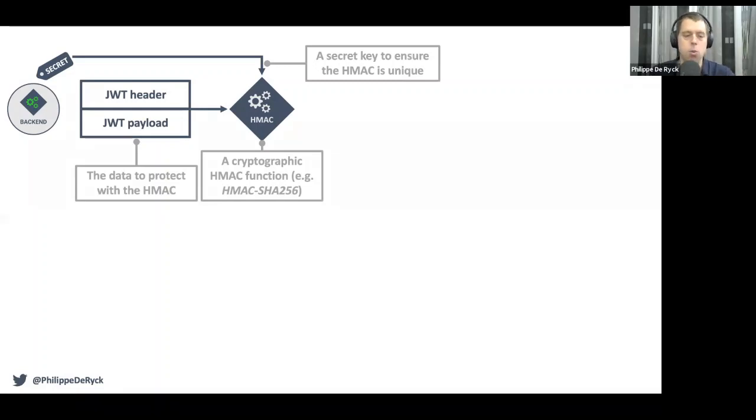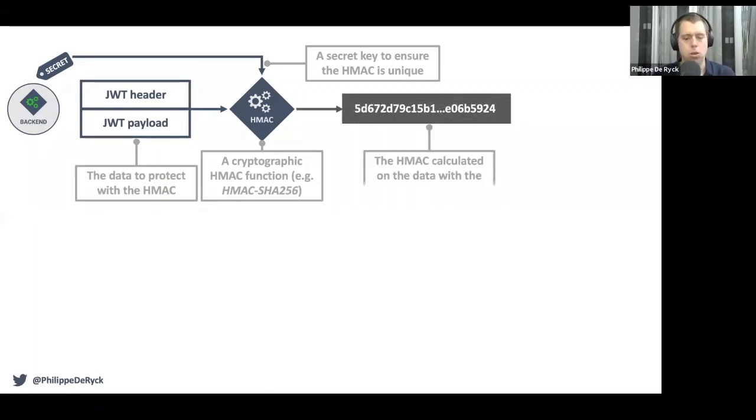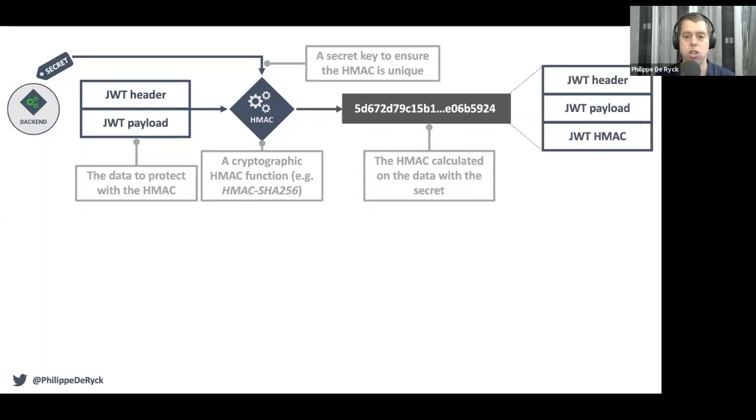All right. With that input, the HMAC function spits out an actual HMAC, which is also known as a keyed hash. Doesn't matter how that function works. What matters is that this HMAC is linked to the data and the secret. And that's essentially what the JWT library attaches to the JSON Web Token. So we have the header, the payload, and the HMAC. That's the JSON Web Token that we can send to a client.